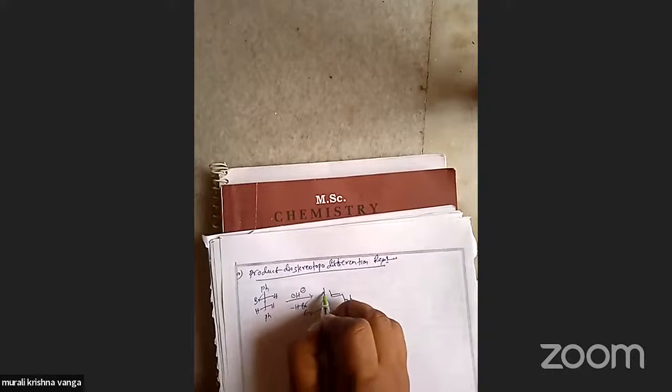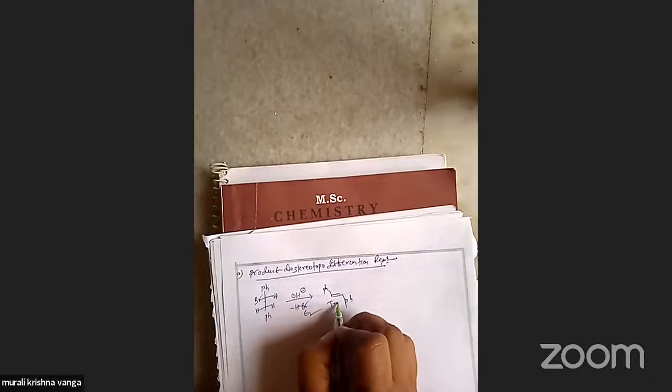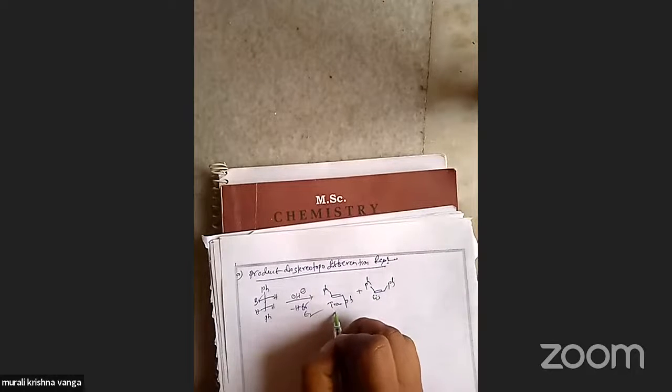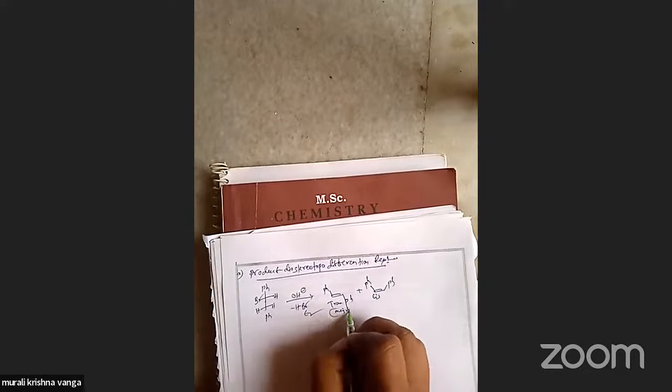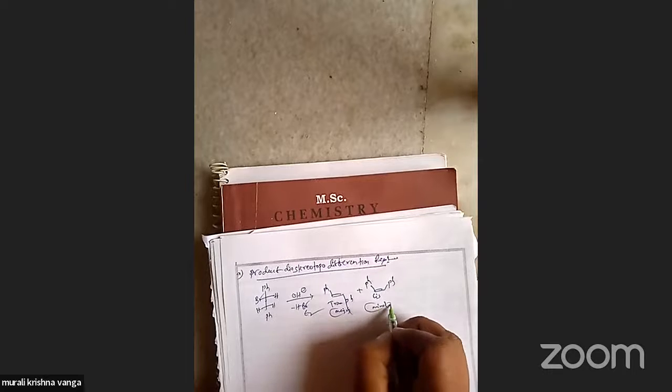When reacting with a base, loss of HBr, E2 elimination, it gives trans and cis. This is major and this is minor. This is a product diastereotope differentiation reaction.